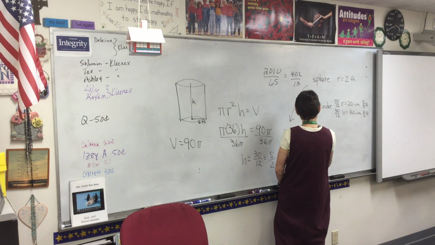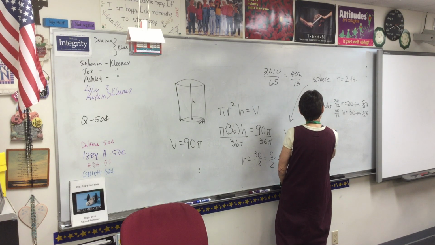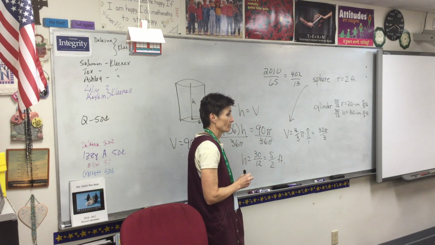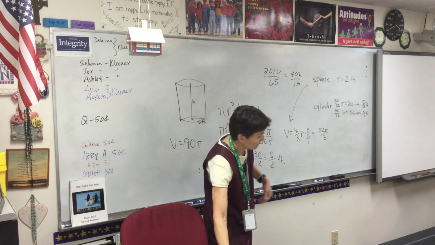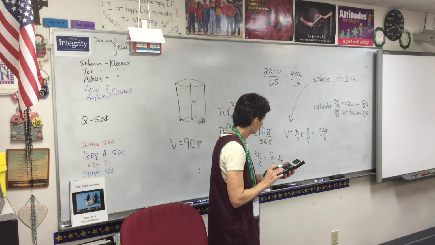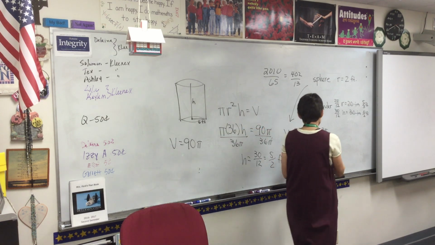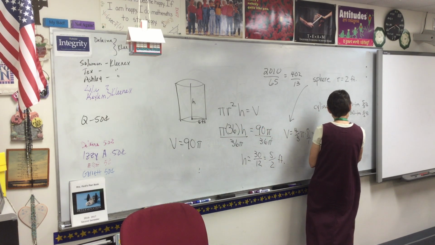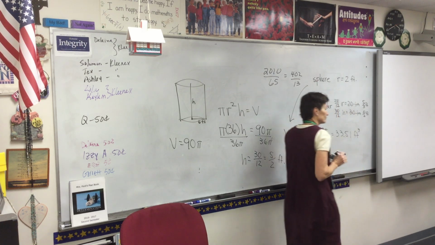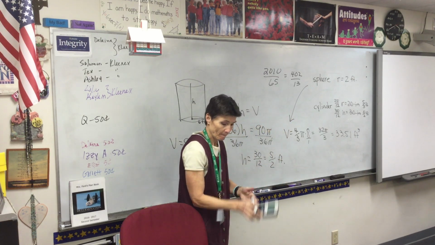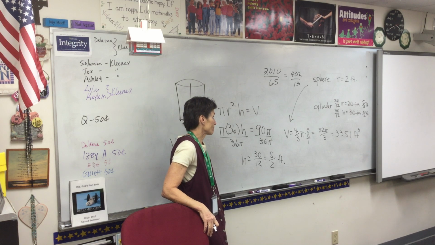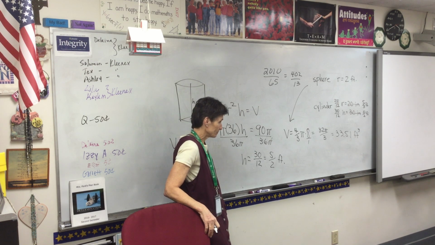So that is 32 pi over 3 exactly, and decimally 33.51, and that's cubic feet. Are you still with me? All right, that's the sphere.